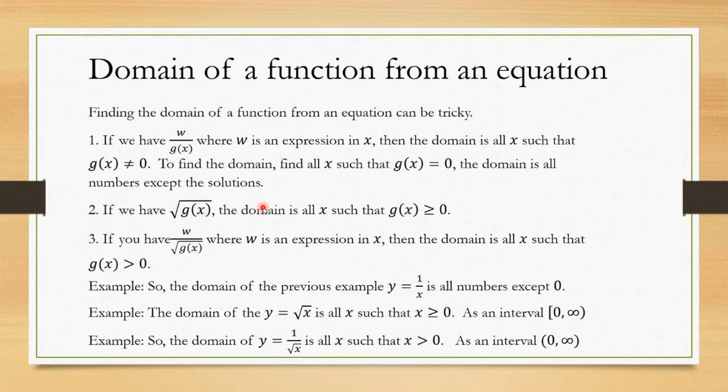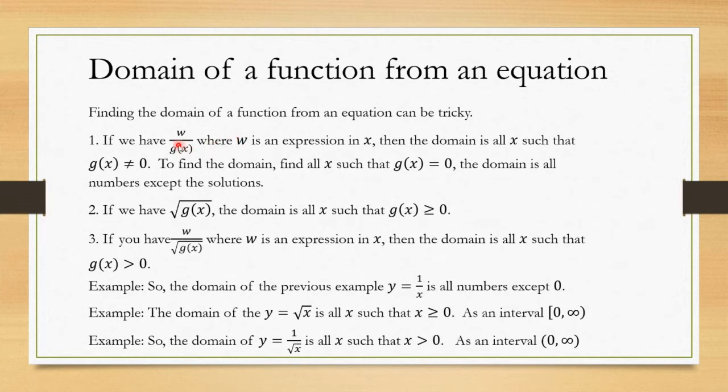For instance, if we have, say, w over g of x, let's say we have that. W is just some expression in x. Usually for us, w will have domain equal to everything, all numbers. Normally, you do have to worry about what the domain of w is, but for now, we're not going to worry about that.